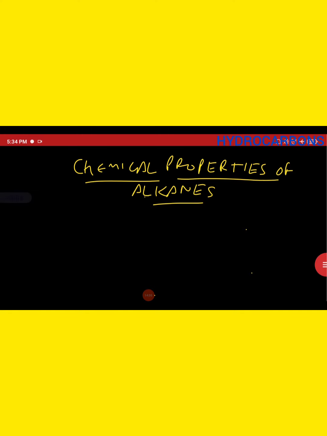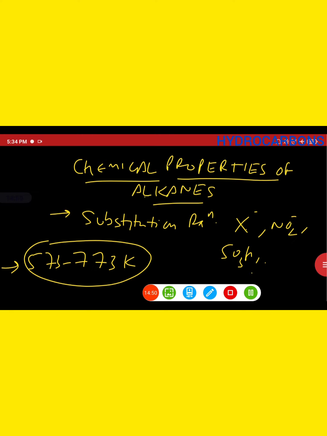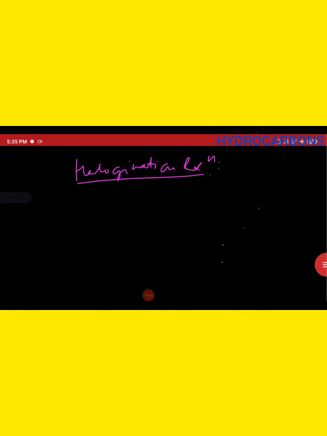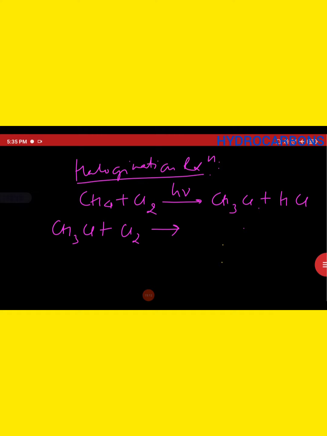Now let us discuss chemical properties of alkanes. All the alkanes undergo substitution reactions. So let's have a look at the steps involved in the halogenation reaction. Methane, when heated in the presence of sunlight, forms methyl chloride and hydrogen chloride. This is the substitution reaction. And this methyl chloride again combines with chlorine, and one hydrogen of methyl chloride gets substituted with a chlorine atom, and it forms dichloromethane.